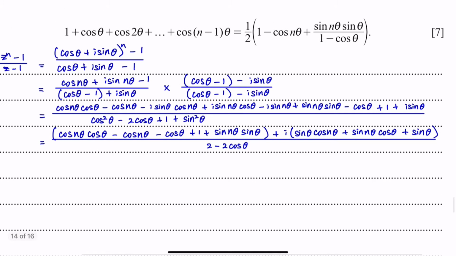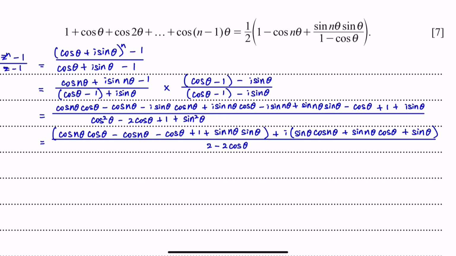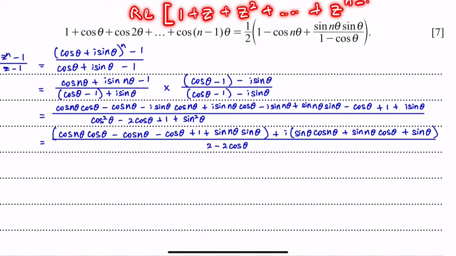1 plus cos theta plus cos 2 theta plus cos 3 theta all the way to cos (n minus 1) theta is actually just the real part of 1 plus z squared all the way to z^(n minus 1).